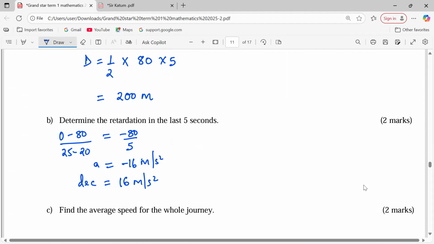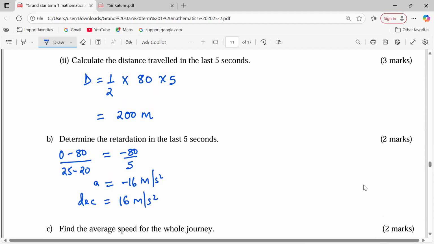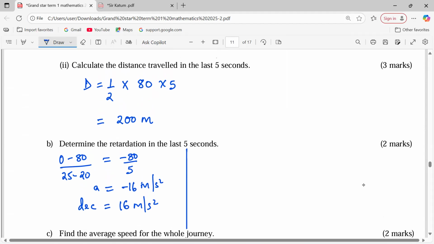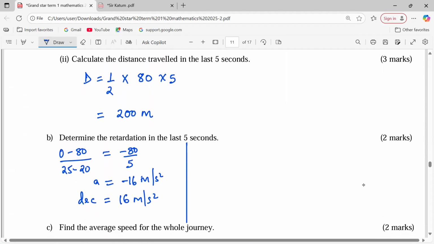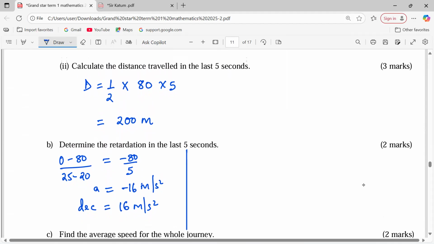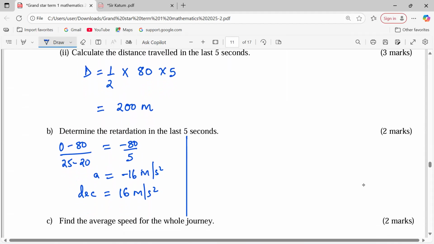In other words, deceleration is the absolute value of a negative acceleration. That way, that is the retardation. Again, retardation can be given by acceleration equals final minus initial out of time.